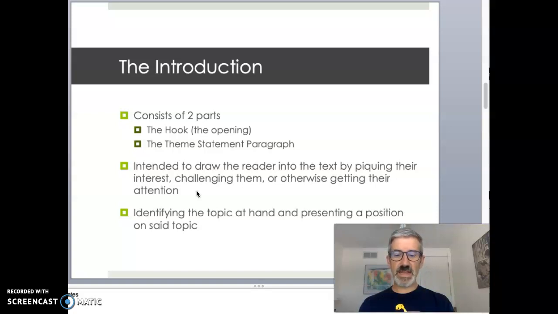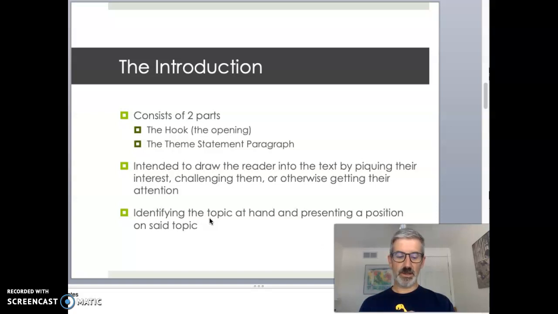And then the theme statement paragraph, really important and often screwed up by a lot of speakers and writers. You want to make sure that you identify the topic at hand and present a position on that topic. A lot of people skip this and assume the audience knows what they're talking about, but we can't do that. So you want to make sure that you identify the topic, define the topic before presenting a position.